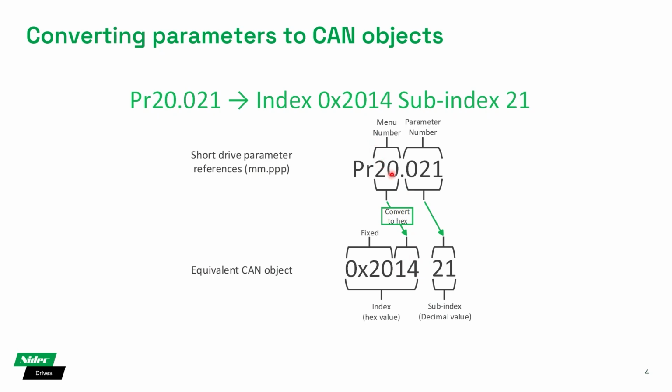So 20 as decimal converts to 14 in hex. And finally, the sub-index can be expressed as a straight decimal value, so there's no conversion needed. You simply take the parameter number, which in this case is 21, this end portion of the reference, and pass it into the sub-index.